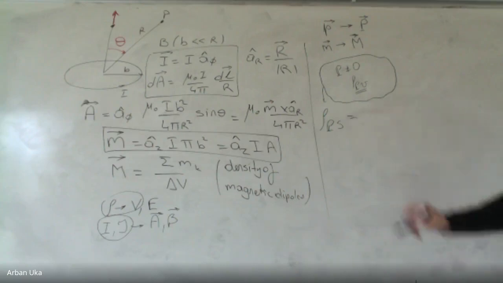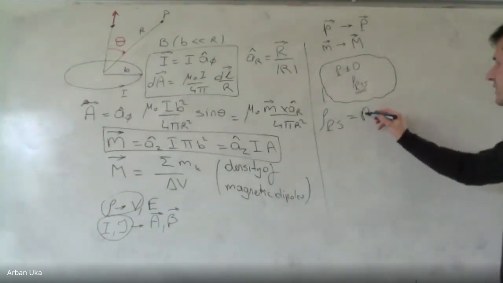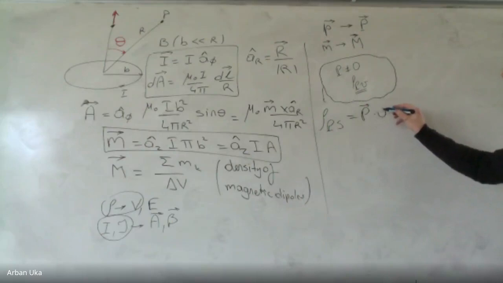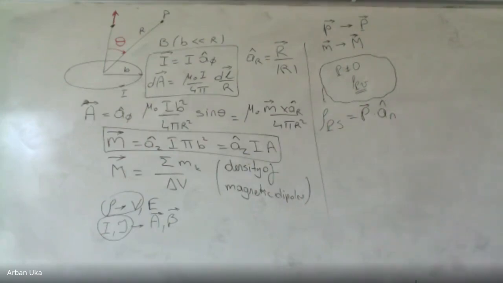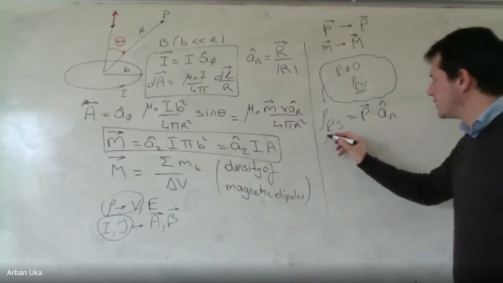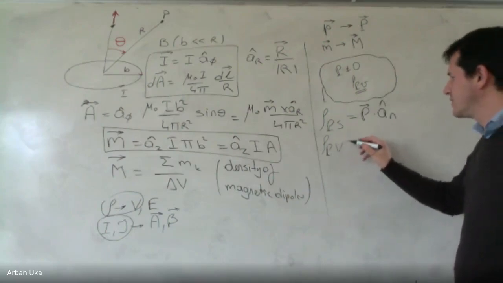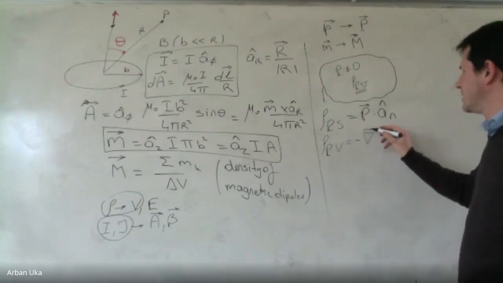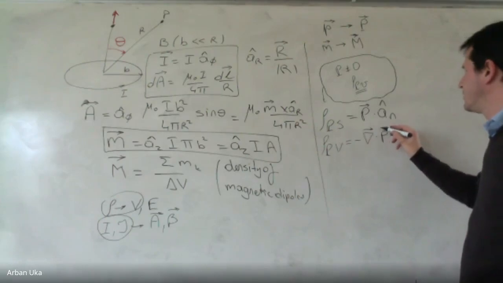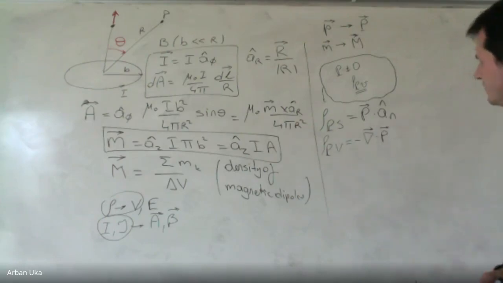And this one, we wrote as equal to the polarization vector P dot product with AN. Okay? So this is what we defined for electrostatics. Then the charge density because of the polarization in the volume would be equal to minus the divergence of the polarization. Okay? So this is what we wrote for electrostatics.